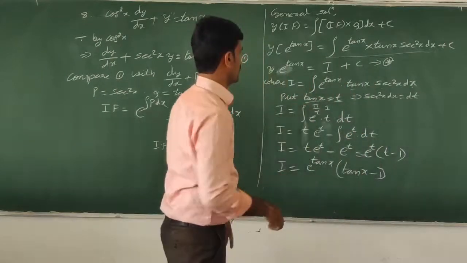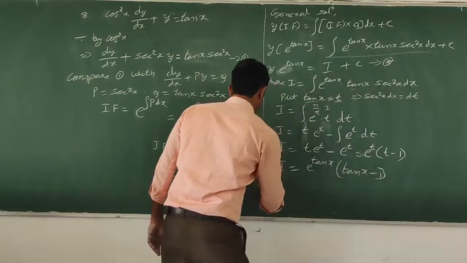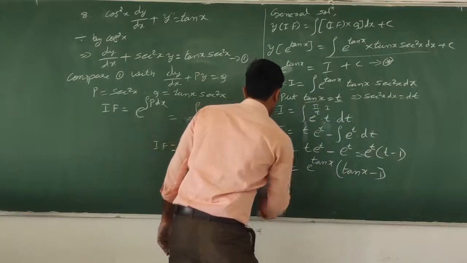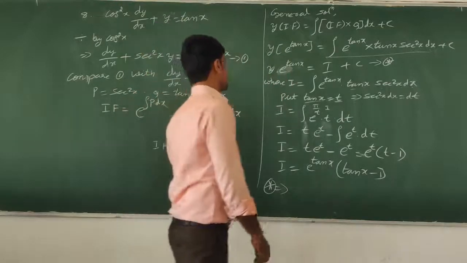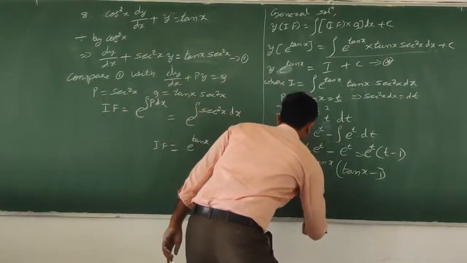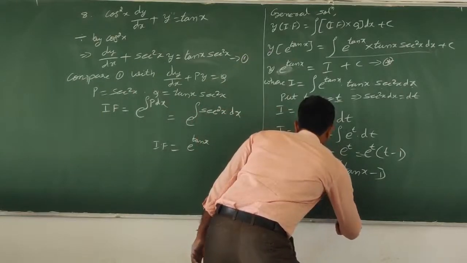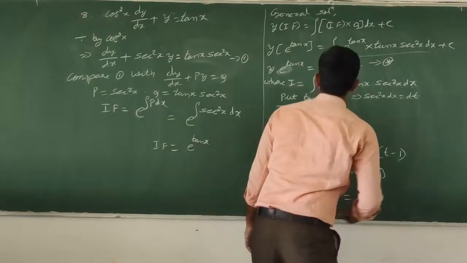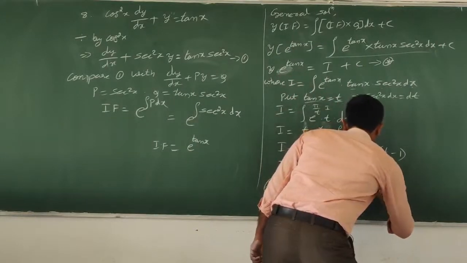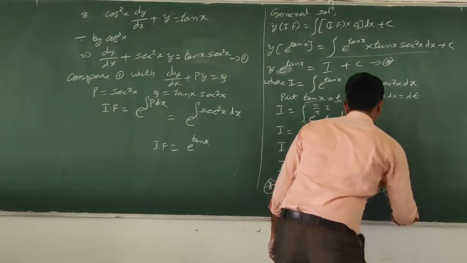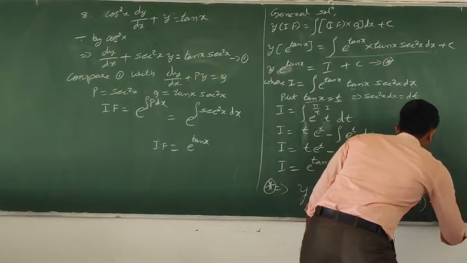Now substitute the value of I in equation star. Then equation star becomes y into e to the power tan x is equal to e power tan x into tan x minus 1 plus integral constant c.